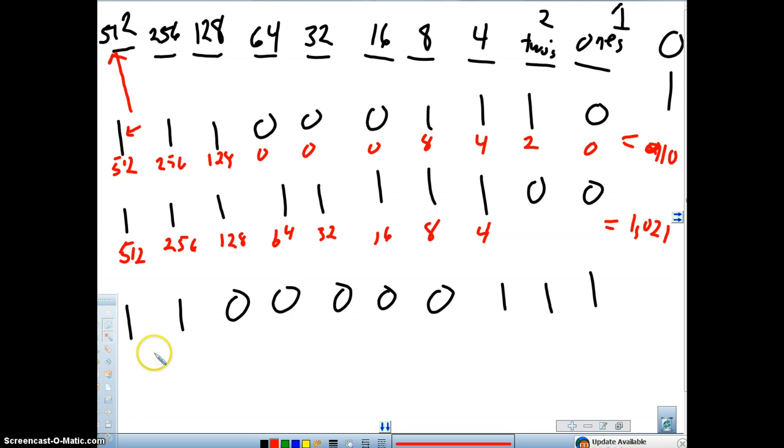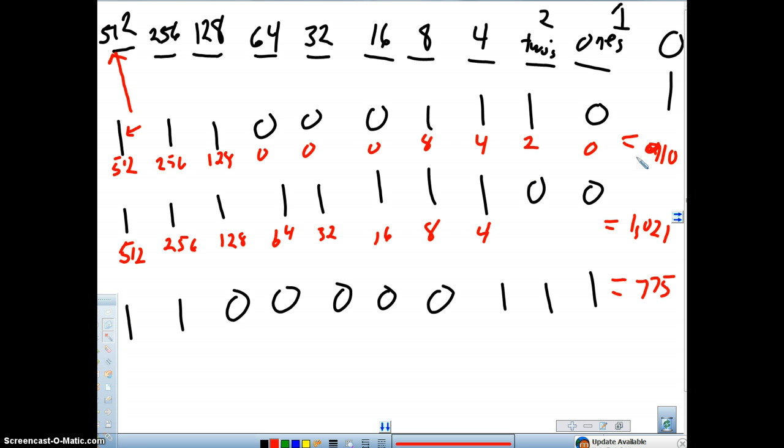Okay, Carly, yours should be fairly small. 735? 775? I don't know, I just made these numbers up, but that sounds about right. Because you take 512 plus 256 plus 4 plus 2 plus 1. 910, I think.